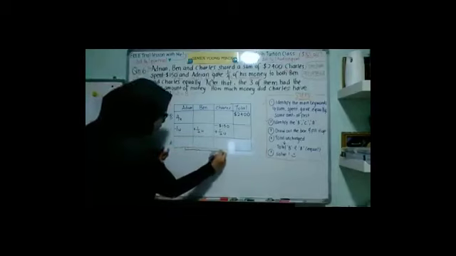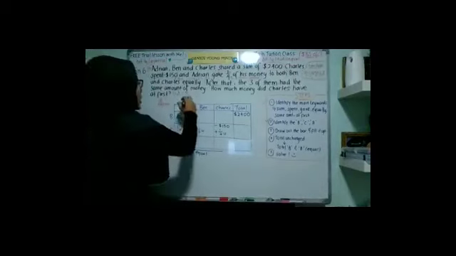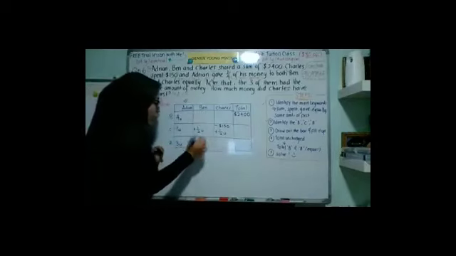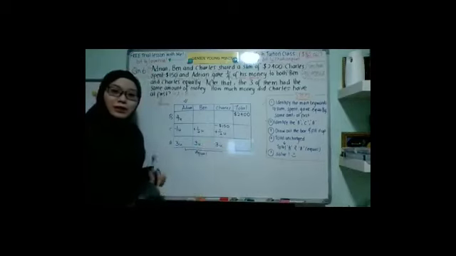Let's focus on Adrian first. We have 4 units minus 1 unit, we get 3 units. Since they say it is equal, Adrian is equal to Ben equal to Charles. Here also 3 units. Here also 3 units. You get me?